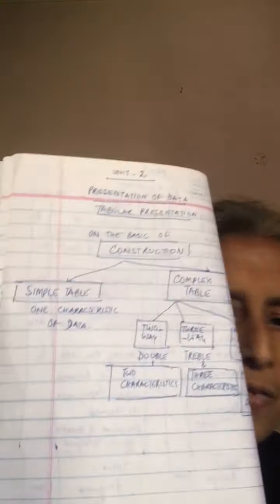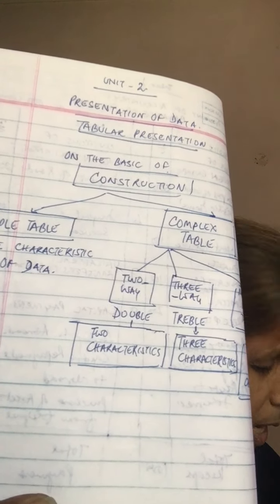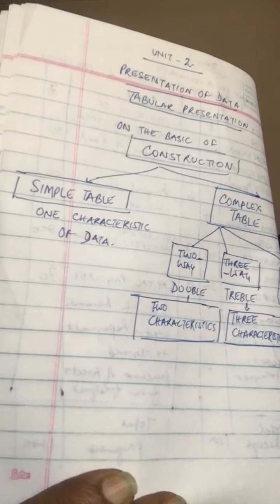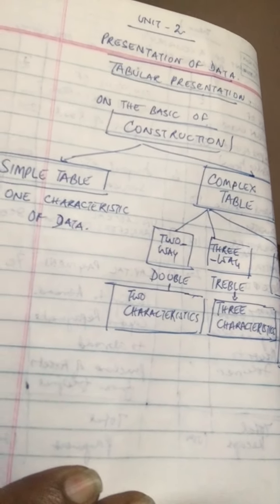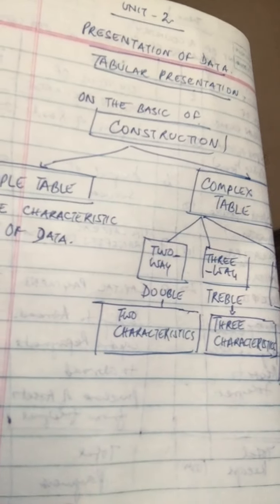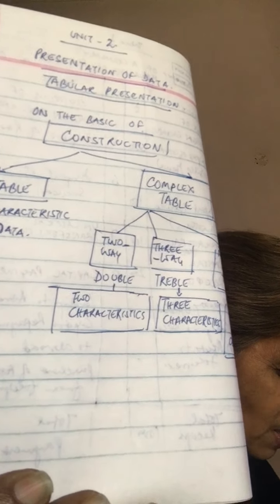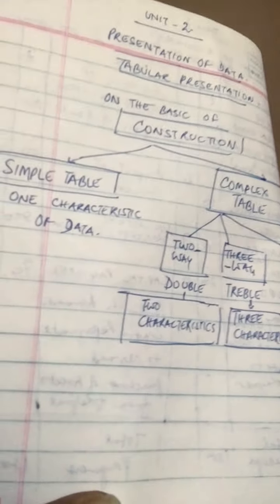And in today's class we are going to do presentation of data again, but we are going to talk about tabular presentation on the basis of construction. So on the basis of construction, just have a look. We have the simple table and the complex table. In the simple table of course there is just one characteristic, and when you're talking about the complex table, they can be either two characteristics, which is known as a two-way table, or a double table.